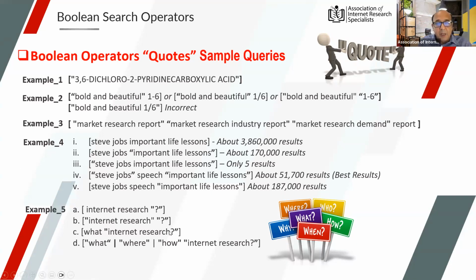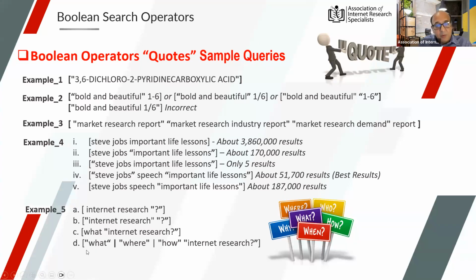But here you're taking a chance where you are asking the search to find the exact same sequence of how internet research continued with the question mark, or the question would end with the word research and the question mark. So that may or may not happen. So again, taking a chance. So it becomes difficult sometimes to phrase it where the question is posed and you want the search to respond to it as if it's a question of some sort.